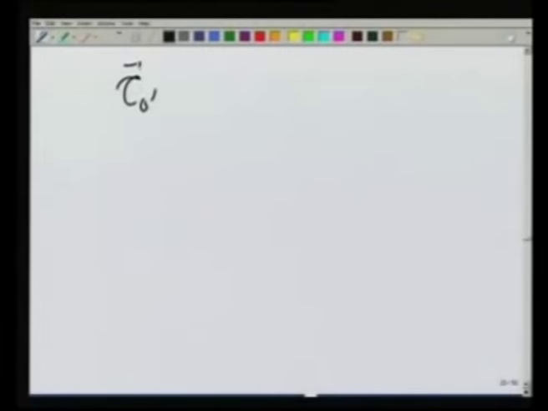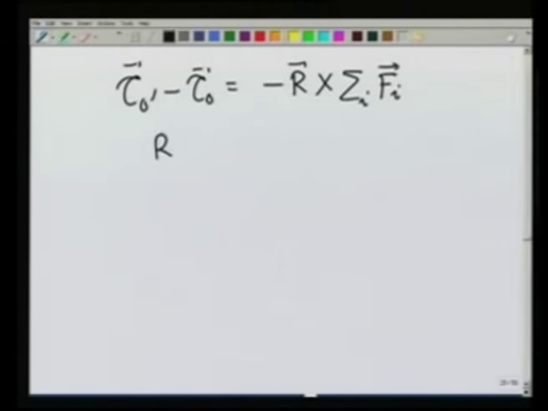So, let us write this again: tau O prime minus tau O is equal to minus R cross summation over i of F_i. R is a vector from O to O prime.